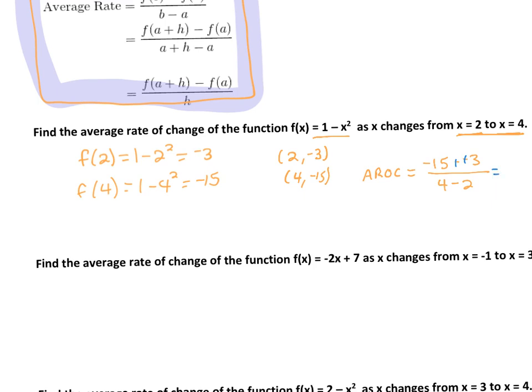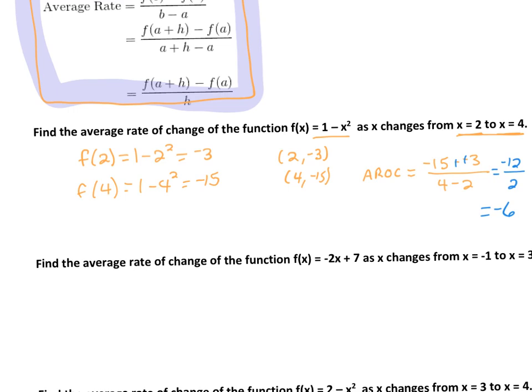We get negative 12 over 2, so our average rate of change is negative 6. In other words, for each unit we change along the x, we are going down 6 units along the y.